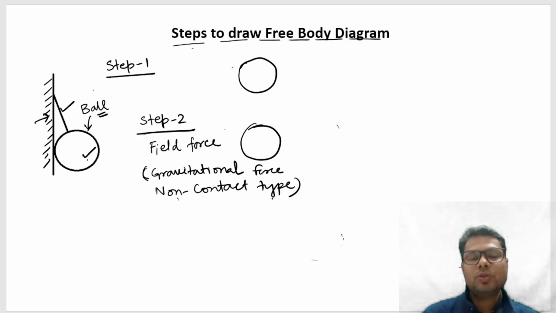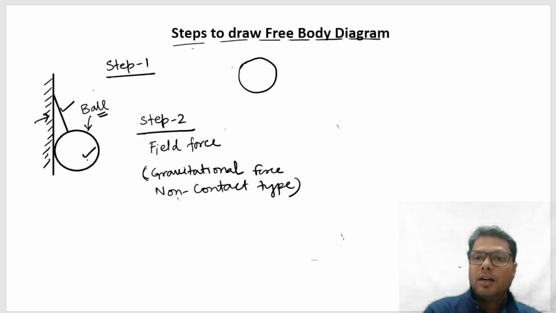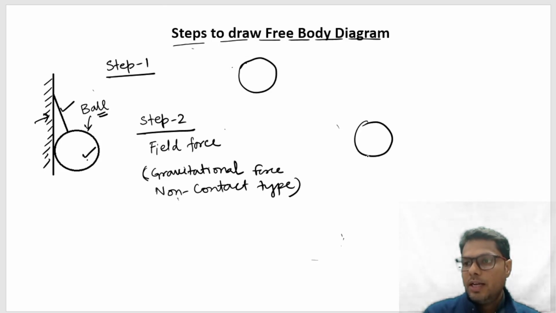The first force which we have to think of while drawing the free body diagram is the field force, or just simply the weight of the body. So this is the ball, and weight always acts vertically downwards. That is the rule for weight.